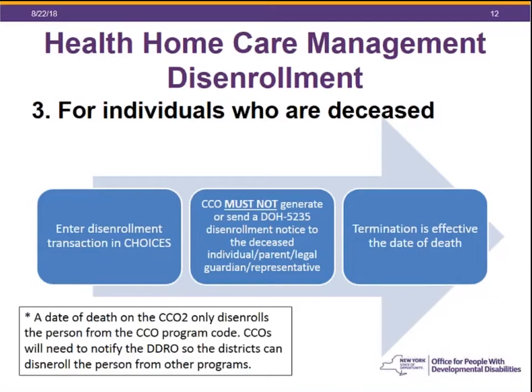CCOs will need to notify the DDRO so that districts can disenroll the person from other programs. So it's important to note that anytime an individual has passed away, it's important to notify the DDRO, because the DDRO system is the system that determines whether somebody can have other services authorized, and we want that to be reflected in the system as soon as possible.